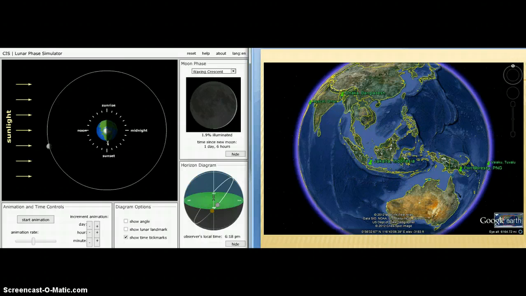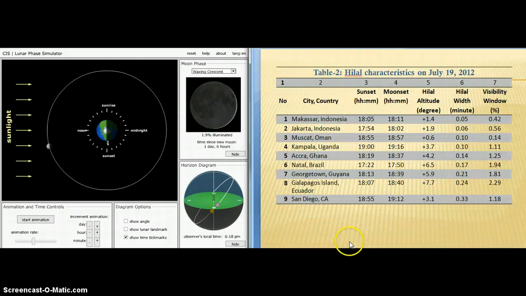Now let's look at Table 2. Because the altitude of the new moon in Makassar and Jakarta at the sunset of July 19, 2012 will be less than 2 degrees, it is most likely that the authorities in Jakarta will not recognize it as a valid onset of Ramadan 1433.